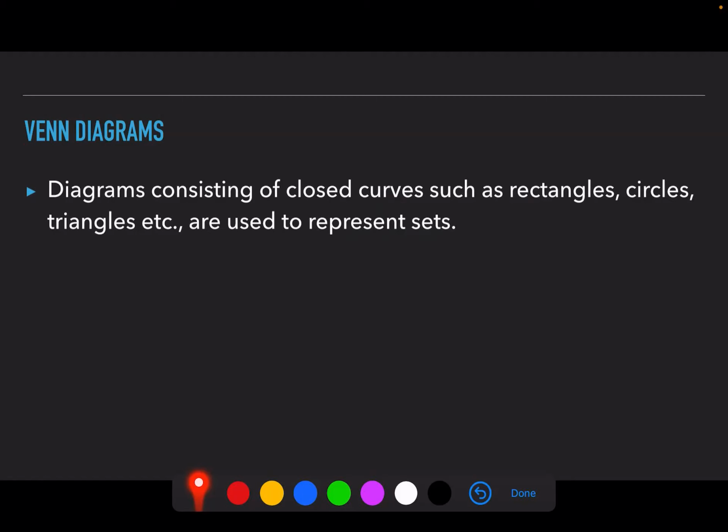Earlier we saw two types of representation of sets. We had the set builder form and the roster form. In roster form, we listed all the elements in a set. In set builder form, we established a property that is applicable for all the elements in a set, so that it tells us whether a particular object will be part of the set or not.